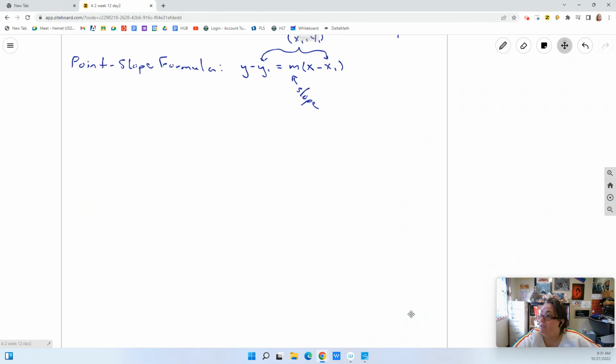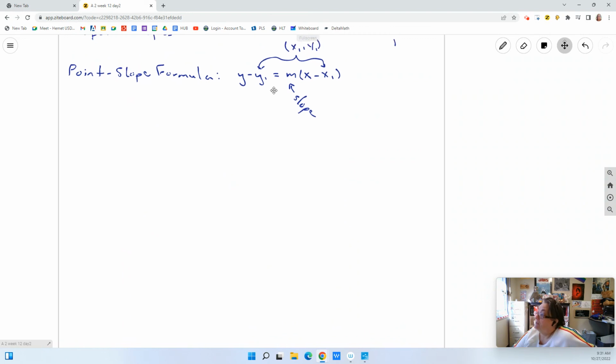We want to keep that formula in there. So if I am given a point and a slope, say my point is negative 1, 7.